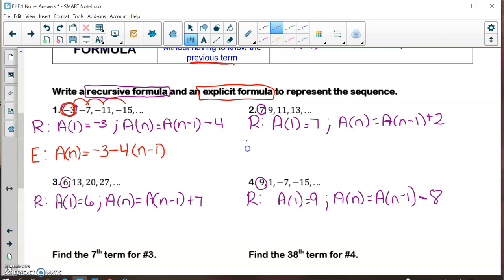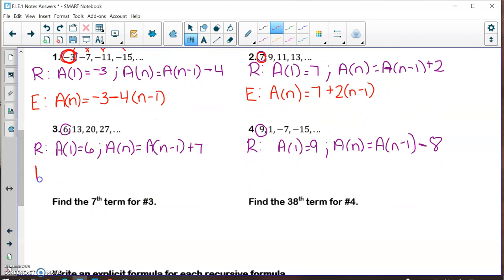All right. Number 2, your explicit formula would be a of n is equal to, we actually report our first term, which is 7. We add our common difference, and we multiply that common difference times n minus 1. Number 3, same thing. We do a of n is equal to our first term, which is 6, plus your common difference, which is 7, times n minus 1.